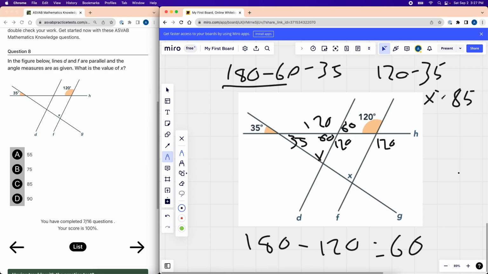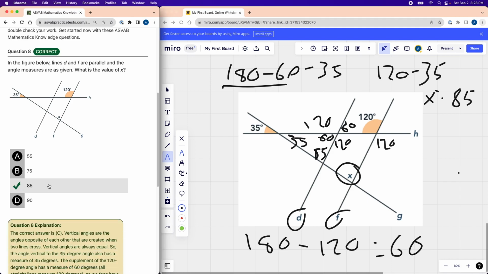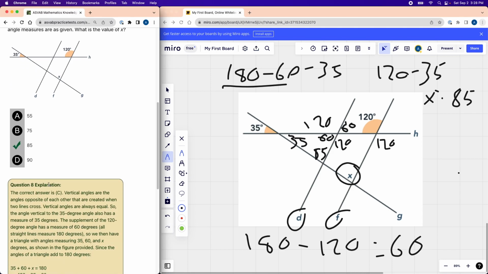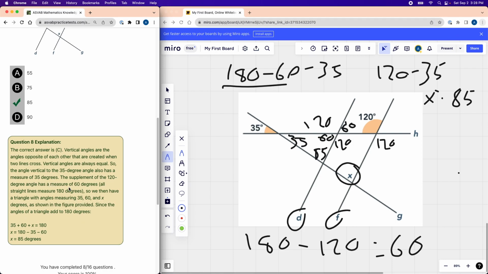We can rewrite this angle here as 85. And if this angle is 85 and D and F are parallel, that means this angle is also 85. All right, and we see C is 85 right there, and there we go. That is the correct answer.